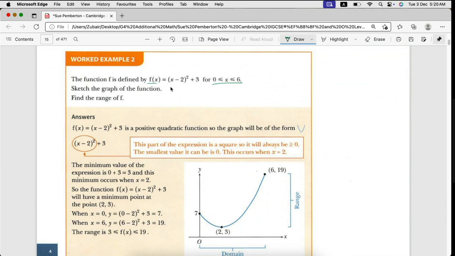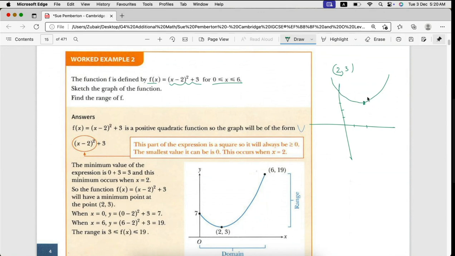So when we are looking at this, I can see that the turning point is x 2 and y 3. Then we see that the coefficient of x square is positive, so it is a smiley face.